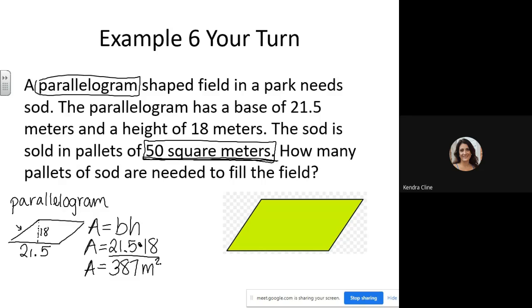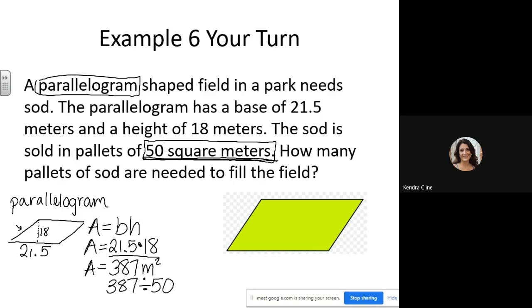How many pallets do I need? Well, I'm going to take how much I need and split it into 50. So if I pull 50 out from that 387, that's one pallet. Pull another 50 out, that's another pallet.